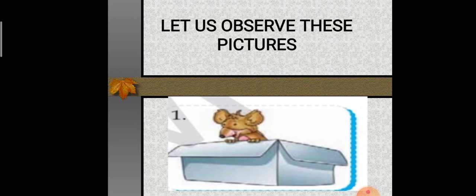First of all, as we always start our video with some examples, let's observe these pictures. In this picture you must be seeing a rat and a box.